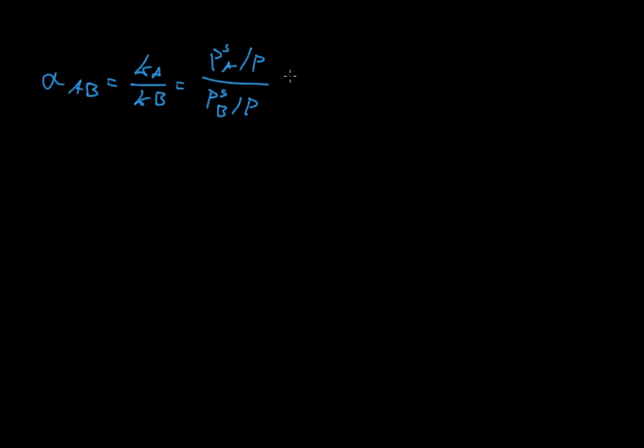The total pressures cancel out each other, so then it's just the saturated pressure of A over the saturated pressure of B.